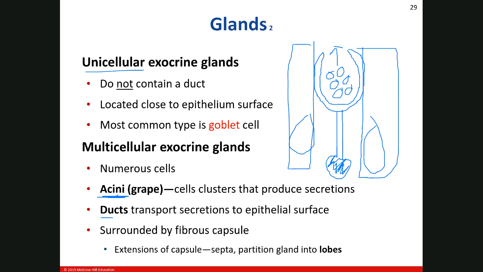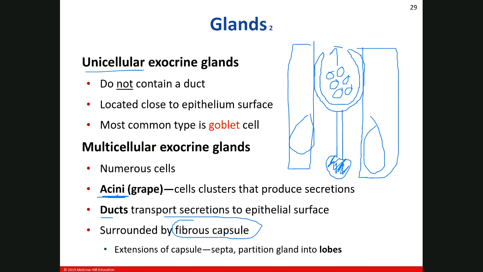Now these multicellular exocrine glands are surrounded by a fibrous capsule. It helps to protect the gland, gives it structure, and keeps it from collapsing in on itself. I'll show you a picture in a second.